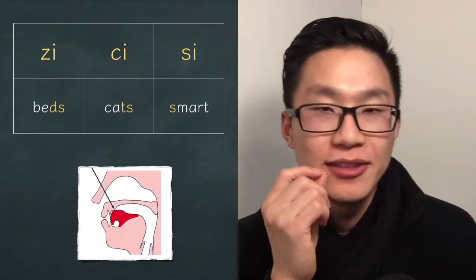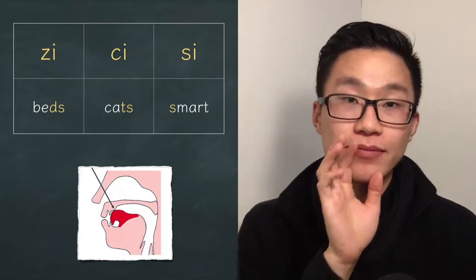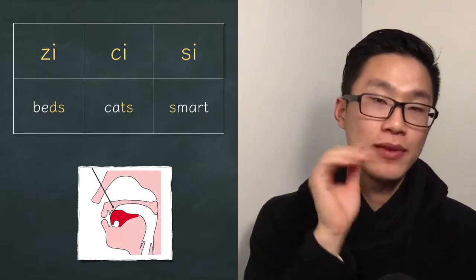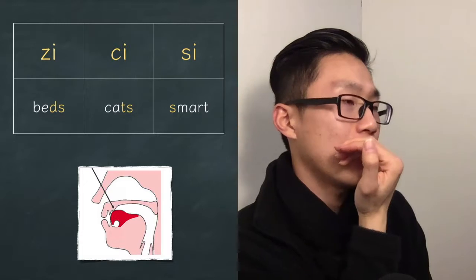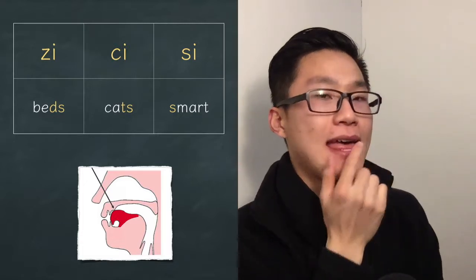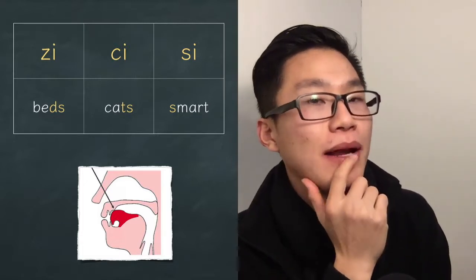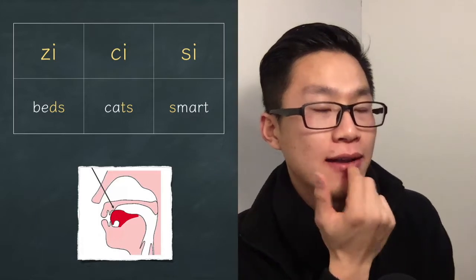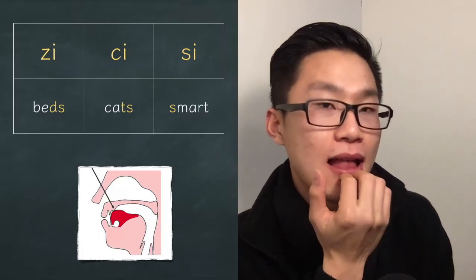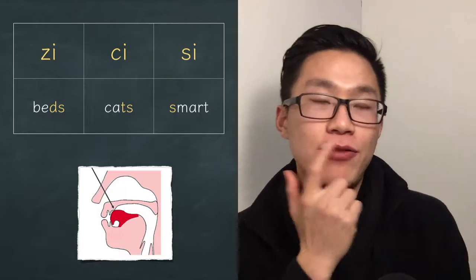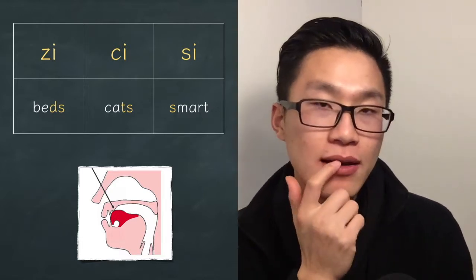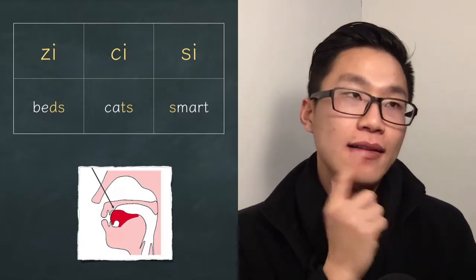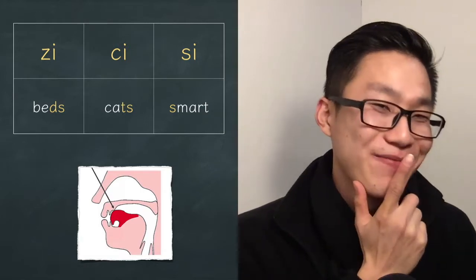The position of the tongue is different compared to the other one. We don't curl our tongue back. We put it forward. The tip of your tongue, place it right behind the bottom teeth. And then the middle front part of your tongue touches the front ceiling.